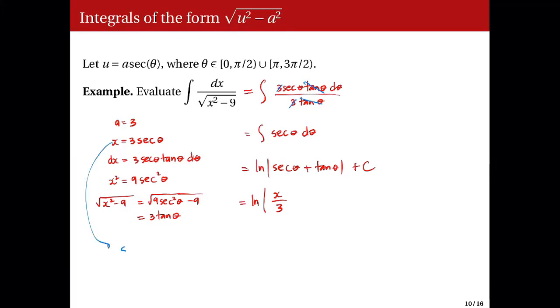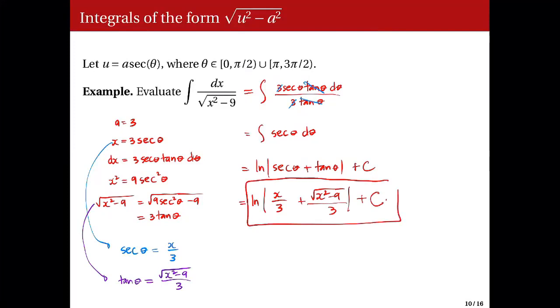So coming from here, secant theta is x over 3. And coming from here, we'll have tangent theta, which is equal to square root of x squared minus 9 over 3. Therefore, we have this as our final answer. That's the integral of dx over the square root of x squared minus 9.